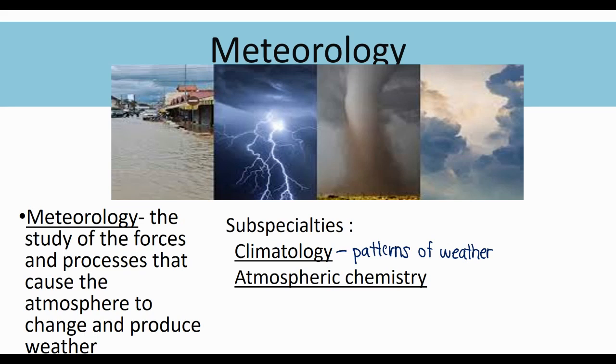Sometimes people get confused about the difference between what climate is and what weather is. Atmospheric chemistry is also a subspecialty of meteorology. So atmospheric chemistry is looking at the chemistry of Earth's atmosphere and also looking at the atmosphere of other planets. So once again, meteorology is going to be the study of the forces and processes that cause the atmosphere to change and produce weather.